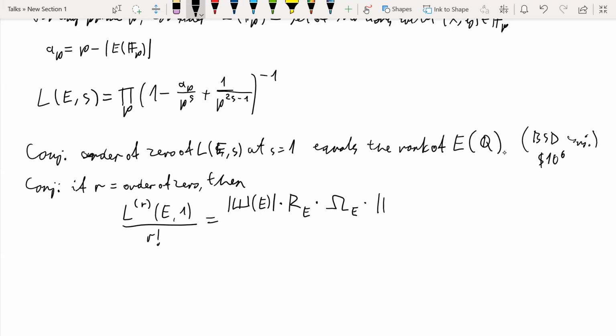Then we also have a product of Tamagawa numbers over primes, which I also don't feel like really explaining, but it's supposed to be some kind of p-adic analog of this integral here. And we also have another factor, which is the order of the torsion part squared.